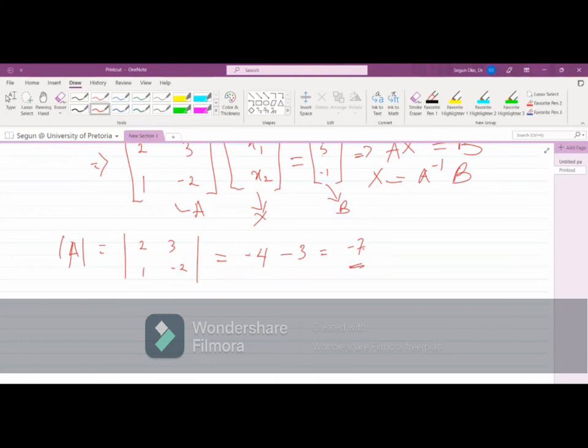This is only 2 by 2, it's not 3 by 3. So what do we do in this case? Anybody? Find the transpose. No, before the transpose, what is the minor matrix?